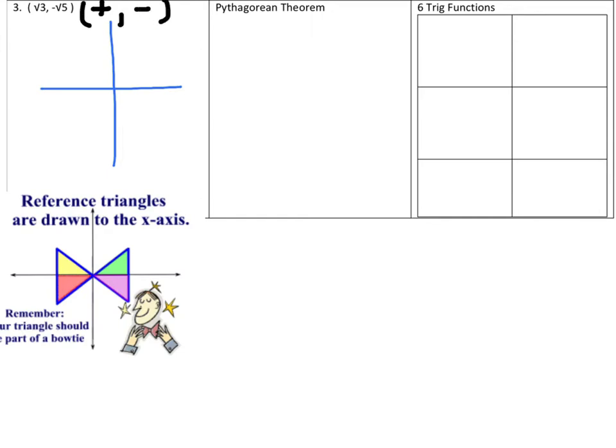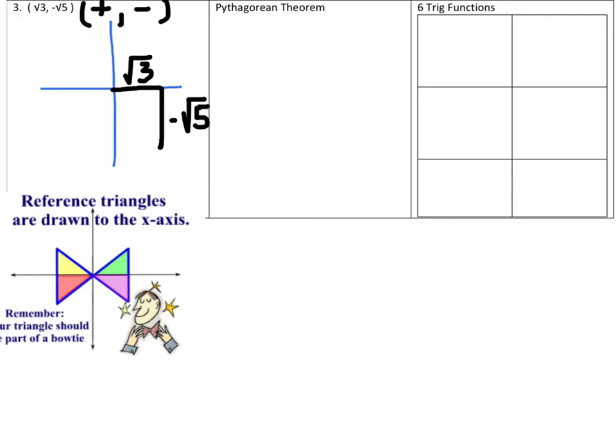So that tells you which way to draw your triangle. Positive means go to the right some amount, square root of 3, I don't know how far that is, 1 point something. And the negative, square root of 5, I gotta go down some amount. So there's my root 3 and my negative square root 5.